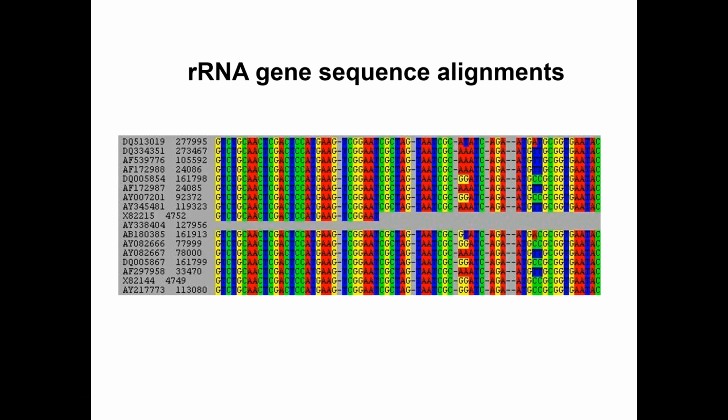So looking at more realistic examples here. Okay, what you have here is an actual 16S rRNA gene sequence alignment. So we got 20 different organisms, and we're comparing all 20 16S rRNA sequences. So you can see how similar those sequences are, right?